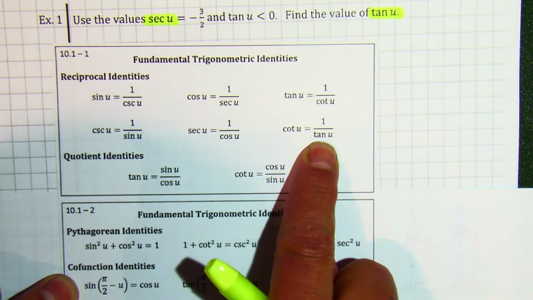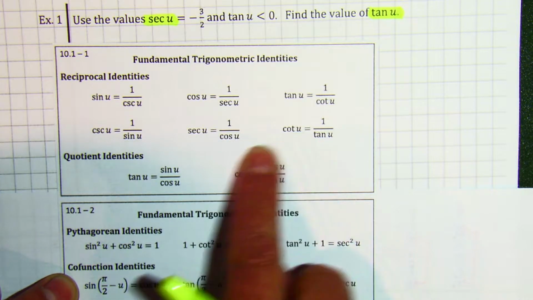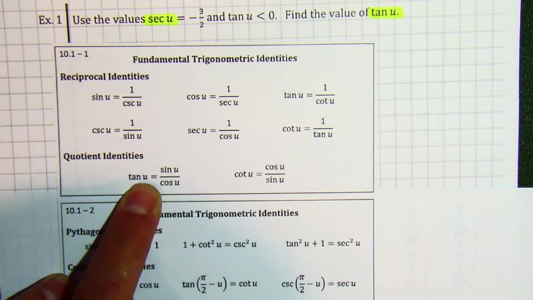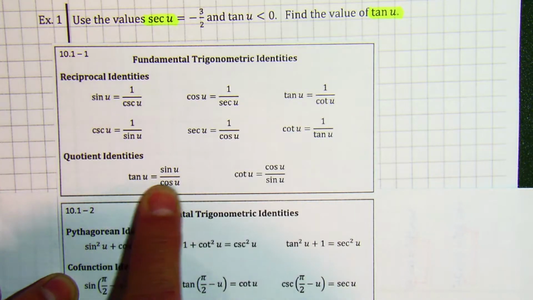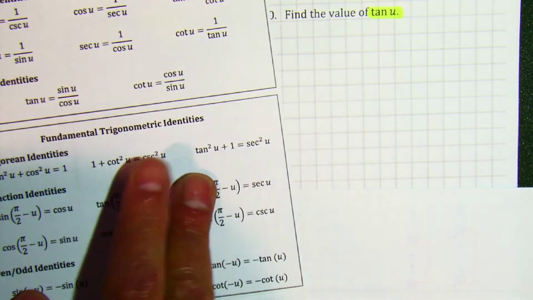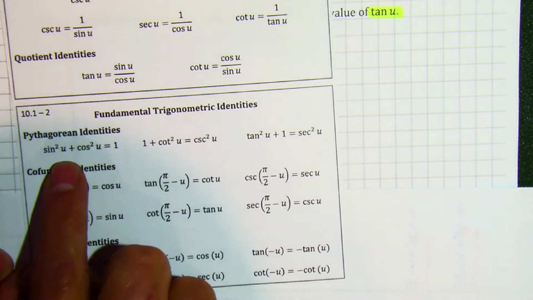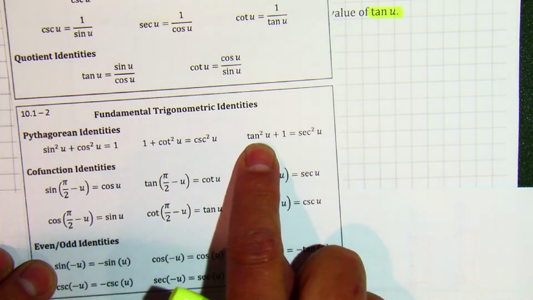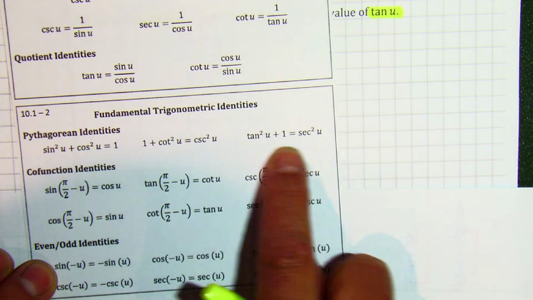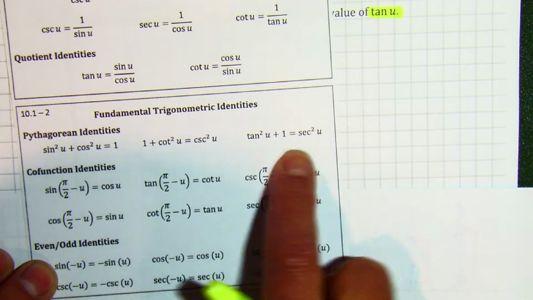I have tangent, but no secant, no. I have tangent, but I don't have a secant, so I cannot use this one either. I'm looking for secant and tangent. No, no, perfect. We have tangent and we have secant. So I'm going to use this Pythagorean identity.